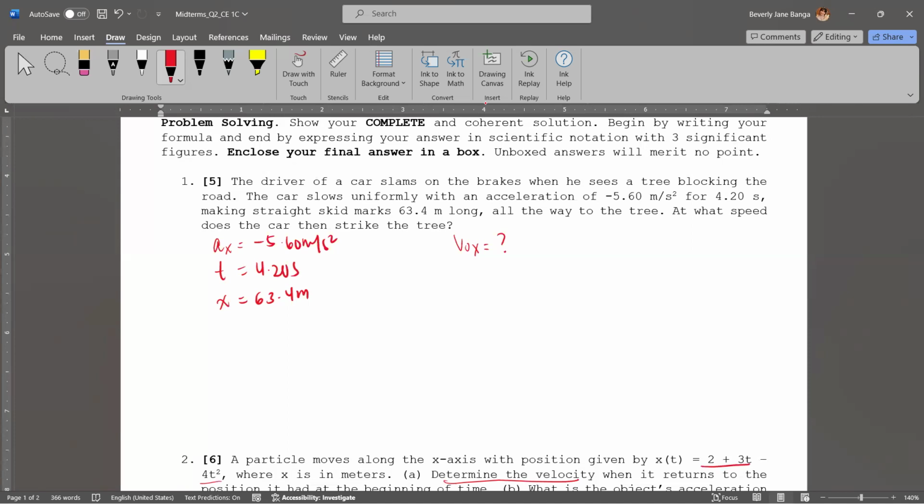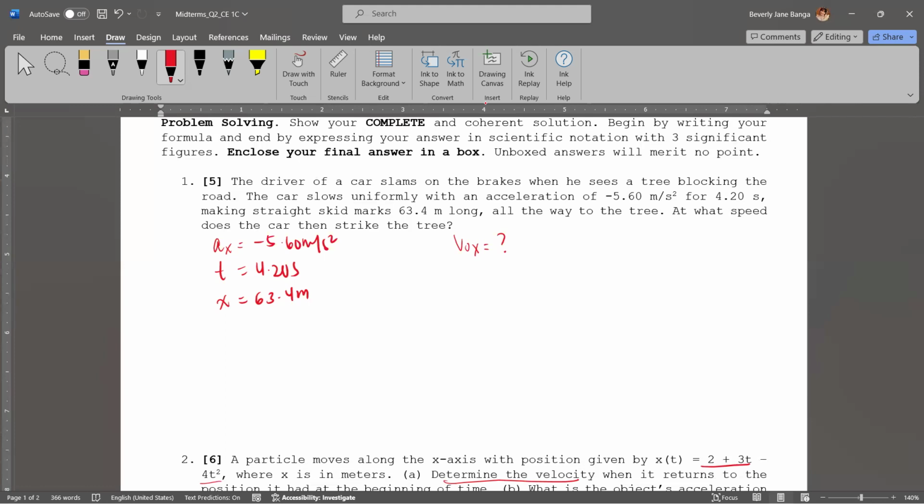So anong i-expect nyo kapagka in-slam niya na yung brake, 'di ba? Eventually it will come to a stop. Pero ano yung speed niya when nung i-strike niya na, no? So after it has brake, kumbaga parang anong initial speed niya bago niya matamaan yung tree. Okay, so ang hinahanap dito ay VOX, not VX. Okay, we're not looking for VX here.